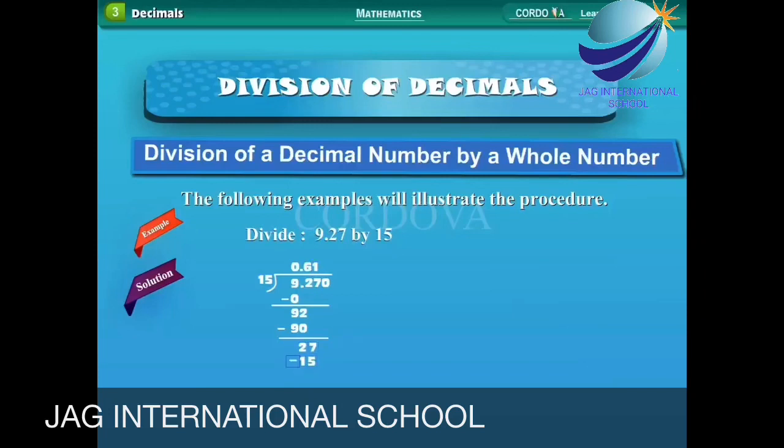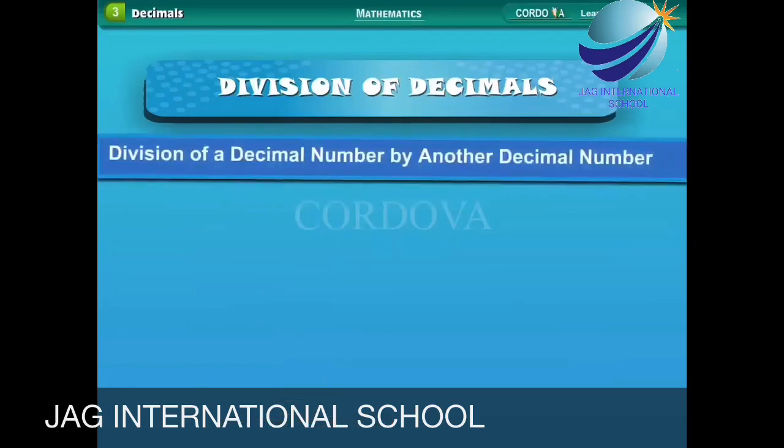On subtracting 15 from 27, we get 12. Again dropping out the number 0, we get the required number 120. 15 multiplied by 8 is 120. On subtracting 120 from 120, we get the remainder 0. Therefore, 9.27 divided by 15 is equal to 0.618.